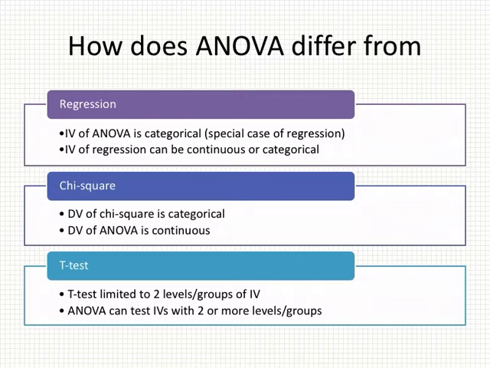And then third, t-test and ANOVA differ in that a t-test is limited to 2 levels or 2 groups of the IV. In other words, we can only have 2 groups, men and women, comparing them on a certain outcome variable. If we have men, women, and transgender folks, then it's 3 groups, so we can no longer use a t-test, and we use ANOVA. And if you use ANOVA to run 2 groups, the significance results are identical to the t-test.